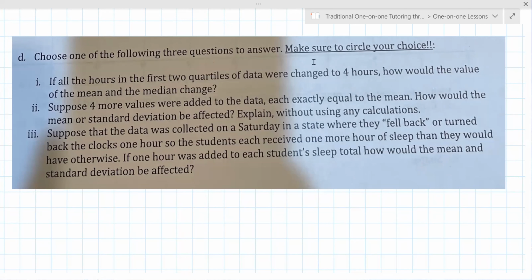All right, let's look at them one at a time. The first one says, if all the hours in the first 2 quartiles of data were changed to 4 hours, how would the value of the mean and the median change?